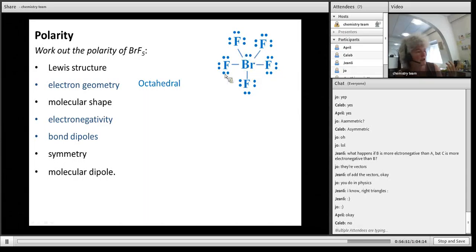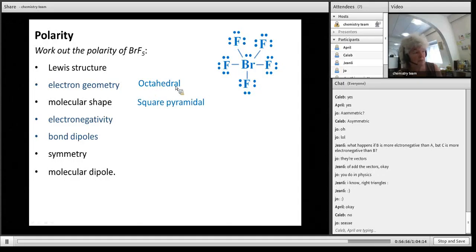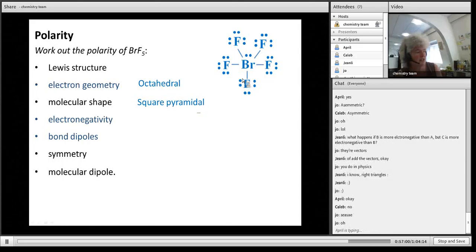And so it's octahedral, but it's a square pyramidal molecular shape because of that lone pair of electrons. F is more electronegative than bromine. Not quite seesaw. Seesaw's only got the 4.